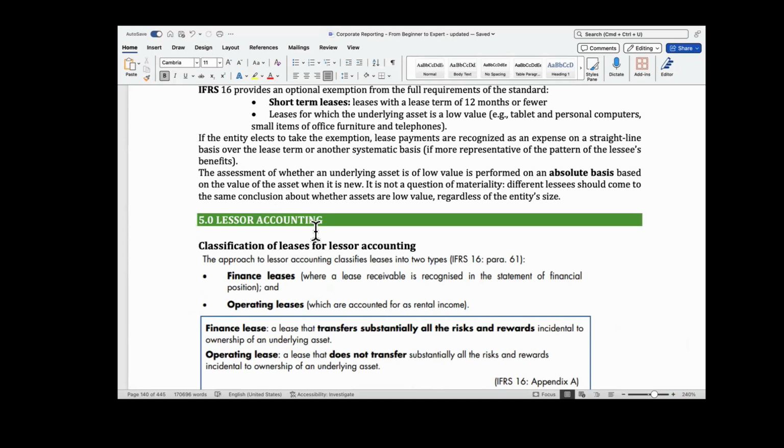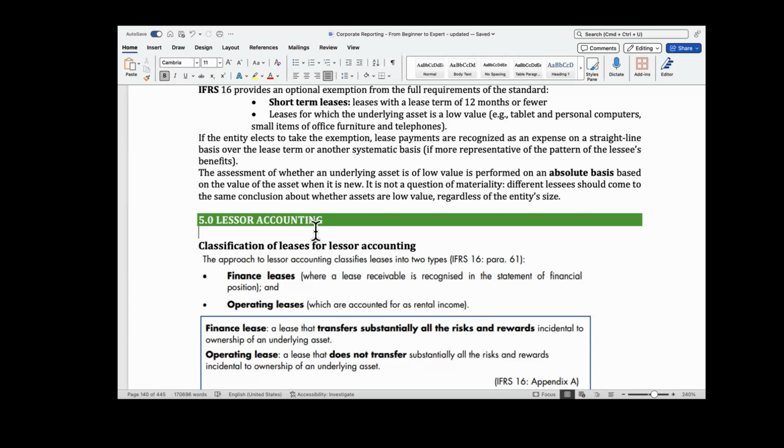So ordinarily, you would expect to find that asset in the books of the lessor. Since he owns it, the asset should be sitting in his books. So for lessor accounting, the main accounting issue is that should that asset continue to be in the books of the lessor, or should we derecognize it? That's the main accounting issue.